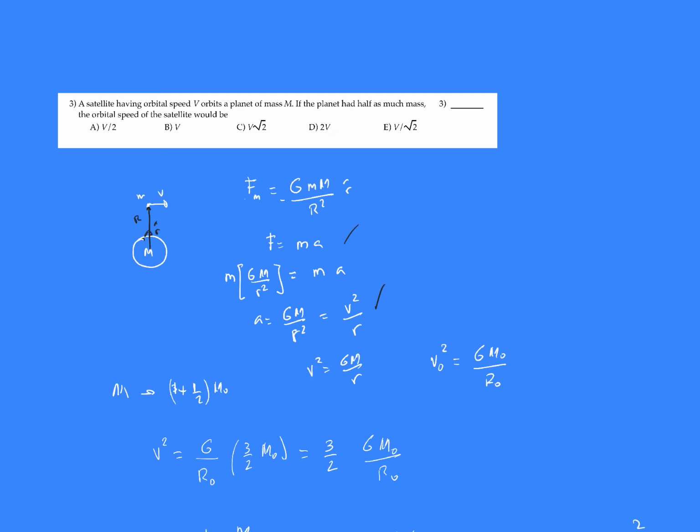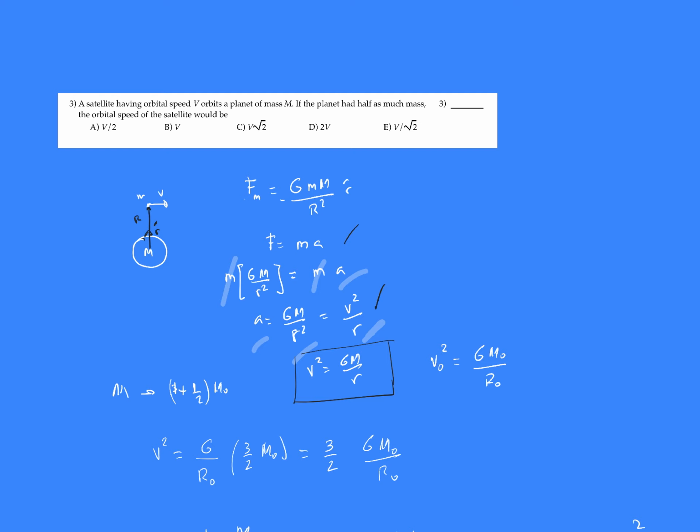So in this case, the mass cancels with the mass, and the acceleration is GM divided by r squared. But the acceleration is v squared divided by r, that is the centripetal acceleration. So v squared is given by this equation.